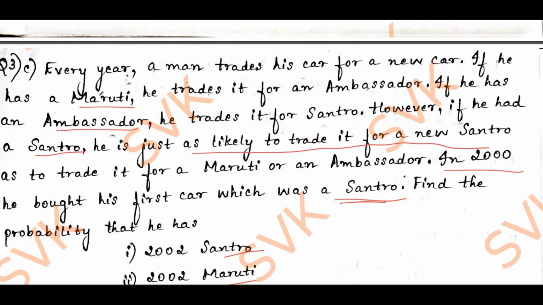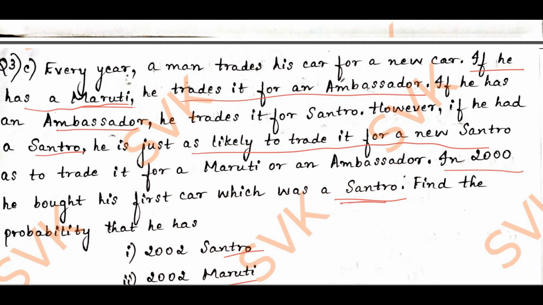How to define the transition probability matrix: look at the first row. If he has a Maruti, that is A, he trades it for an Ambassador.